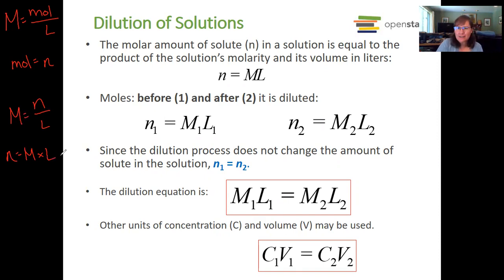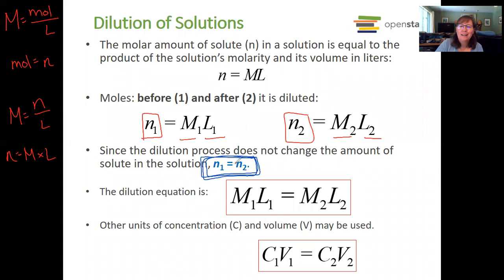Okay. Now, when you're diluting something, you're not changing the number of moles. You're only changing the volume, and then by the volume, the concentration. So you can say that the number of moles before dilution is equal to molarity times liters, and the number of moles after dilution is equal to molarity times liters. And this is a really important thing, in dilution, we don't change the moles.